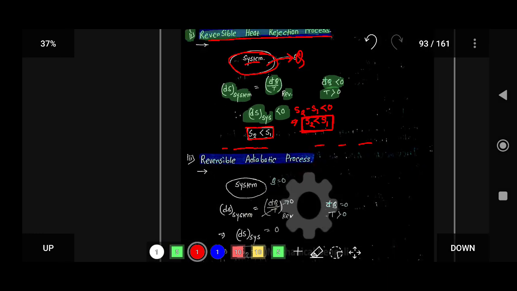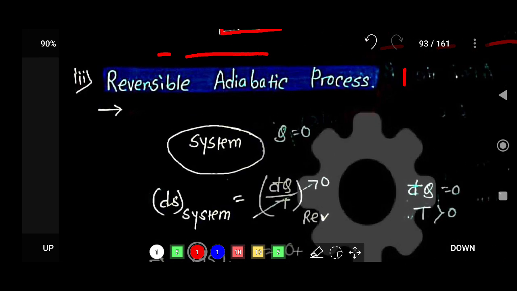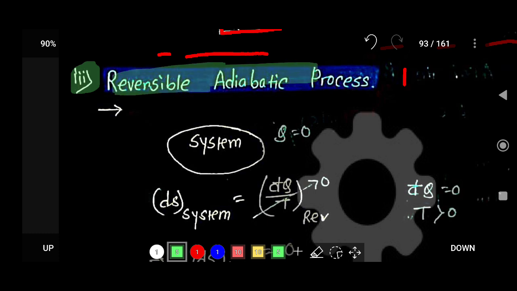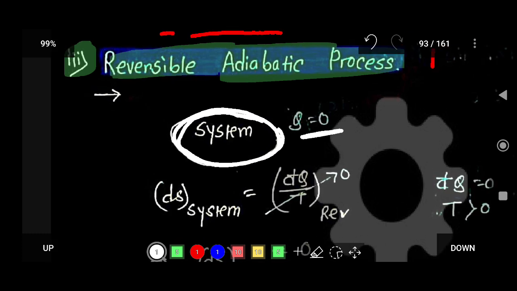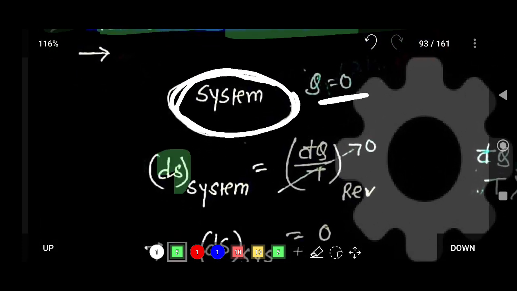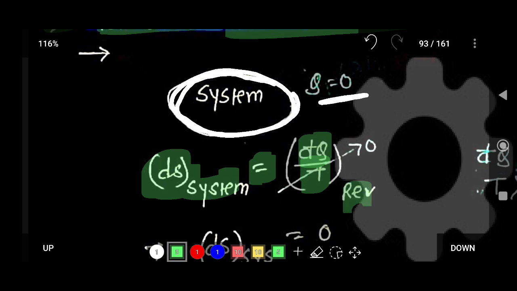Next, the third condition is a reversible adiabatic process. This is our system, and there is no heat transfer through the boundary. So dS of the system equals delta Q by T for a reversible process.